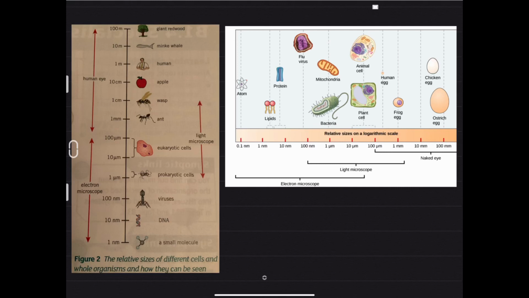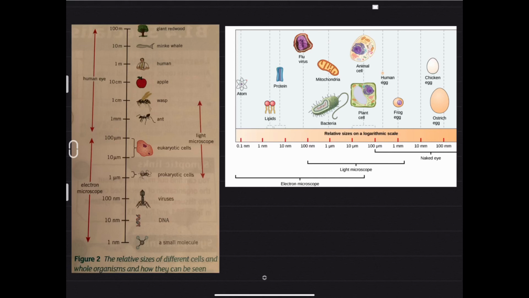Now if you look here, just an order of magnitude, if you look to the right of your screen from bacteria, you can see that animal and plant cells contain mitochondria as part of their internal cellular structures. And a bacteria or a single cell living organism like prokaryotes are comparably the same size as mitochondria. That is why you cannot find mitochondria inside prokaryotes. You cannot find them inside bacteria.